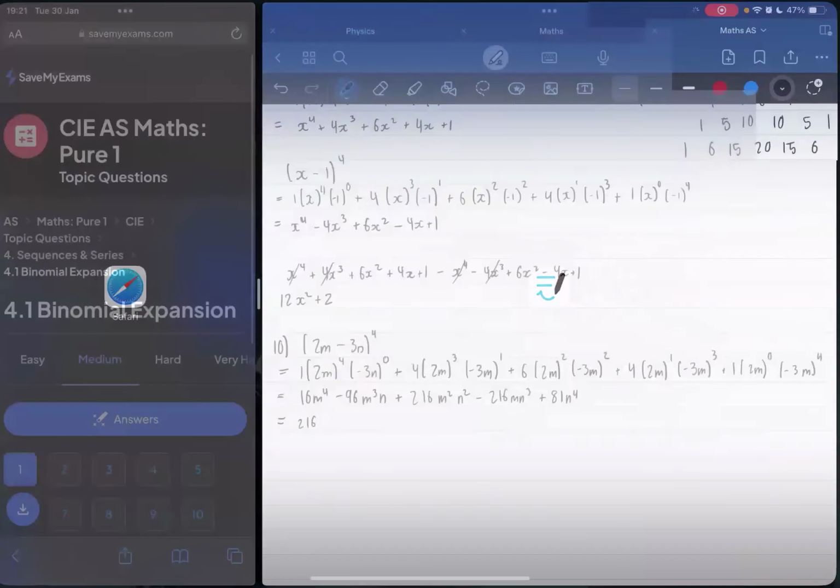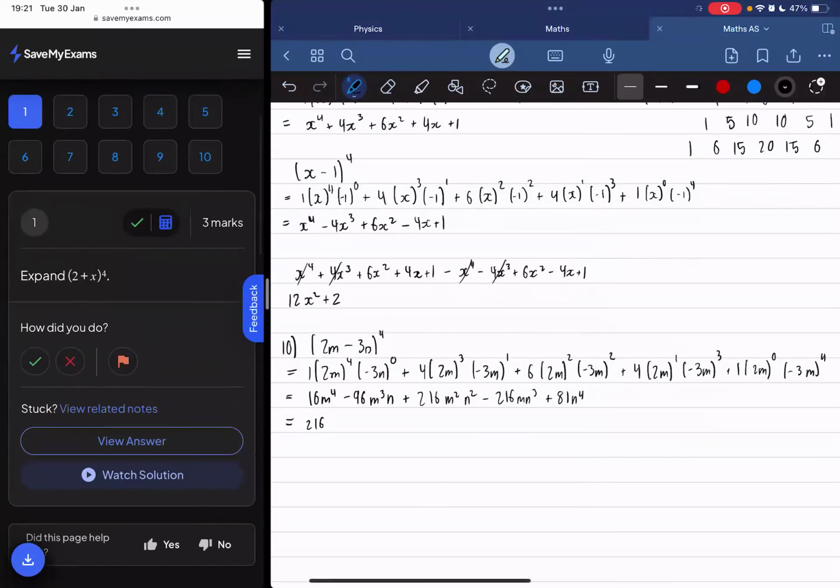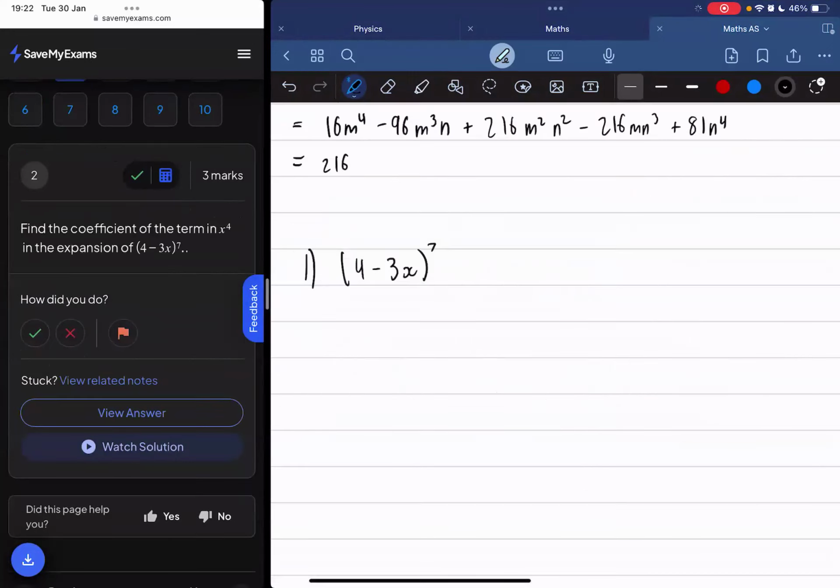First question that you have is 2 plus x to the power 4. Here you need to first find the general term, right?